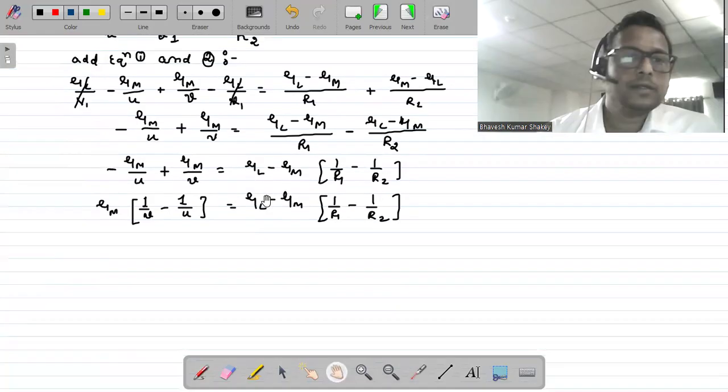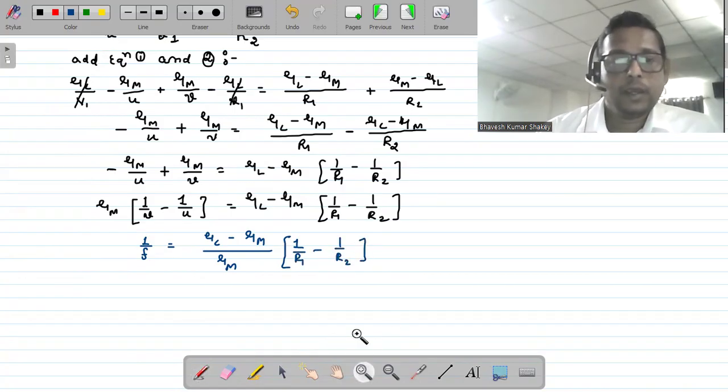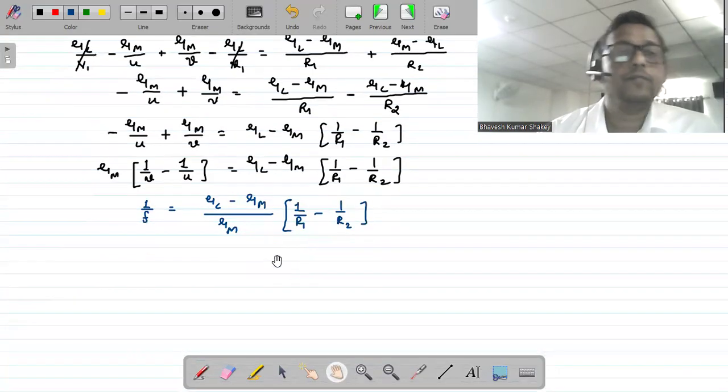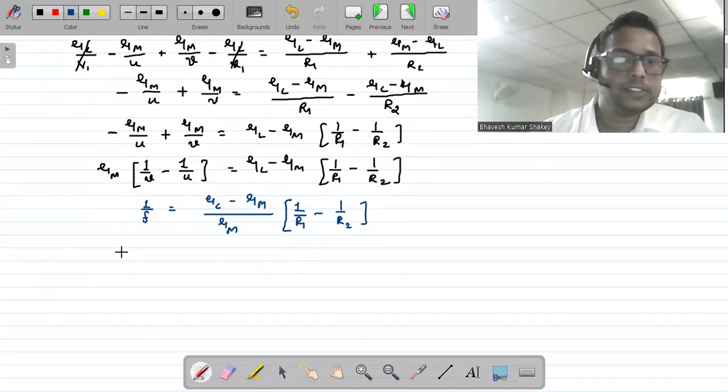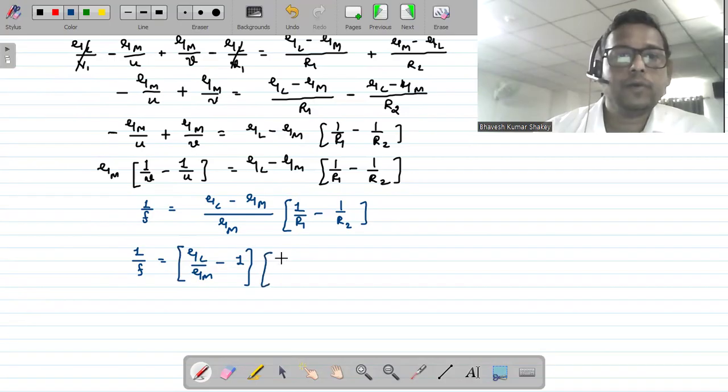So I can write from here 1 upon F is equal to mu L minus mu M divided by mu M, then 1 upon R1 minus 1 upon R2. Further, 1 upon F is equal to mu L by mu M minus 1, and 1 upon R1 minus 1 upon R2.